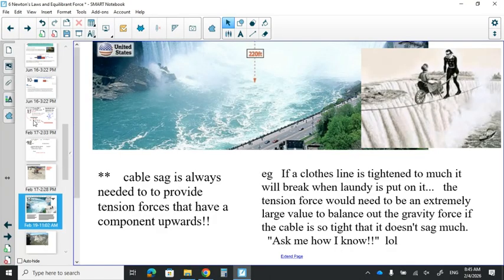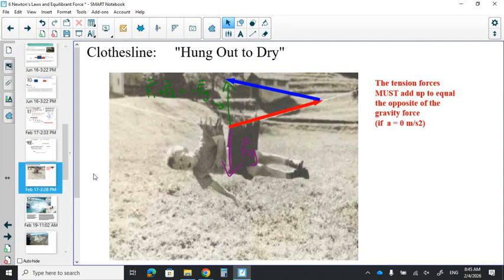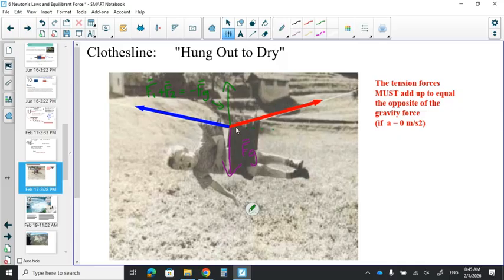Otherwise, you wouldn't have any upward component of these forces, right? They have to have an upwards component. Each one, if you're looking at this, has a sideways component, right? So call this F2, and this is F2x and F2y. Call this F1.